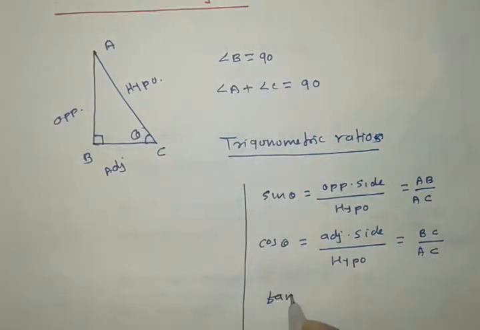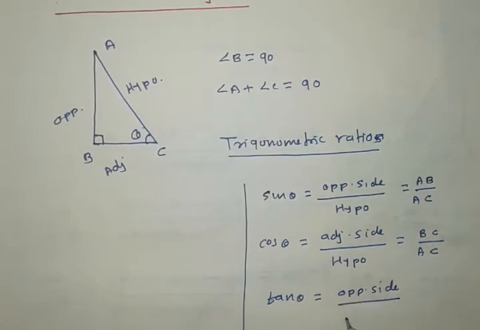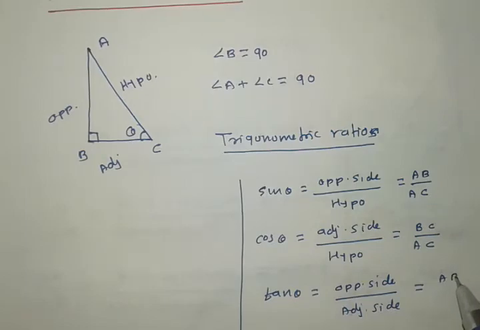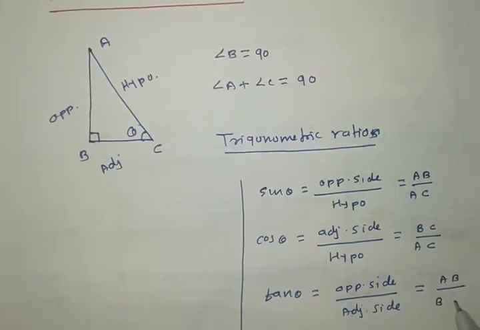Third one is tan theta. Tan theta means opposite side upon adjacent side. The opposite side is AB and the adjacent side is BC.